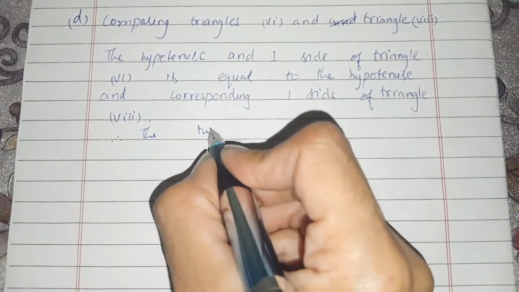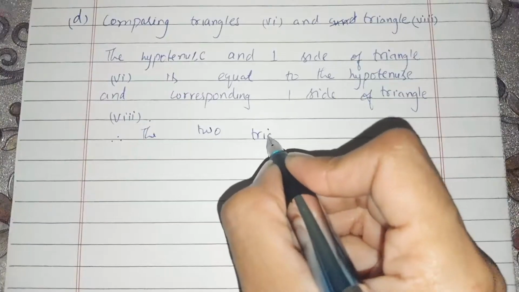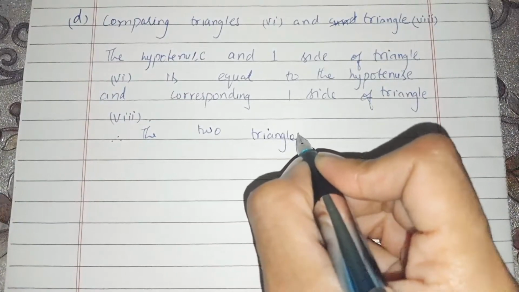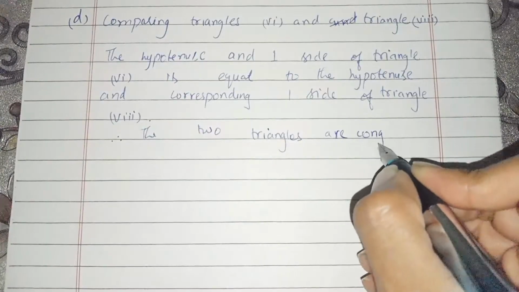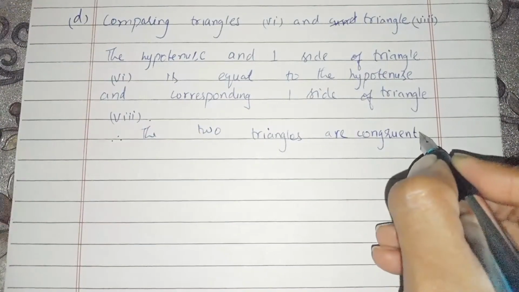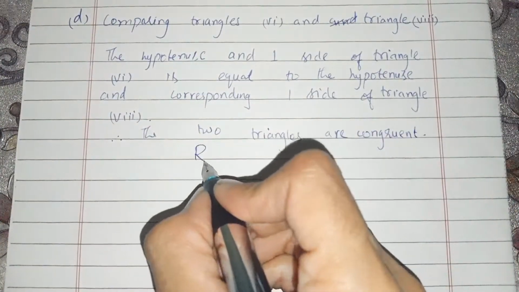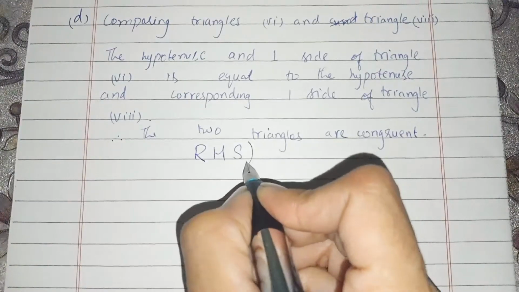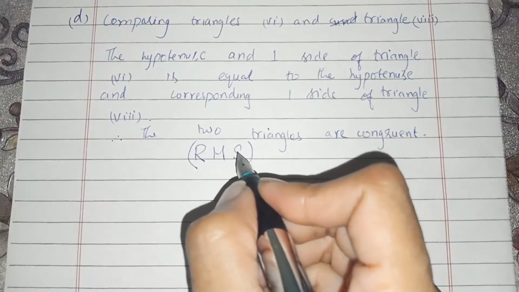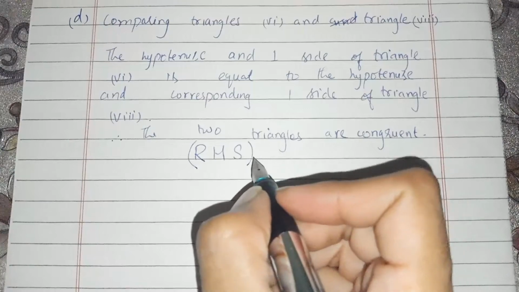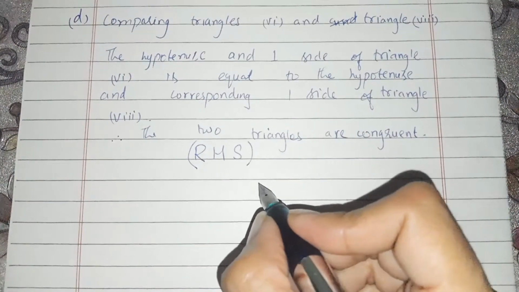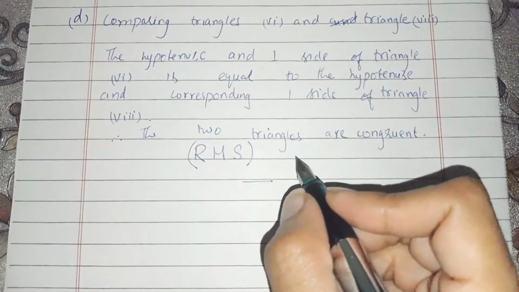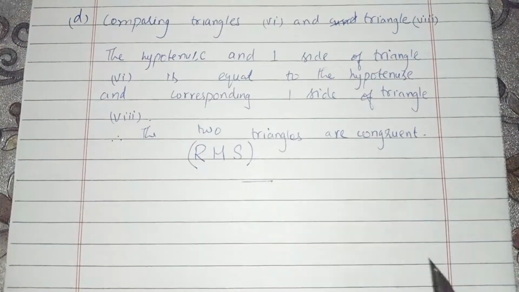Therefore, the two triangles are congruent and RHS. Right angle, hypotenuse and side. That test is applied on these triangles. And now students, the question number 1 is solved.